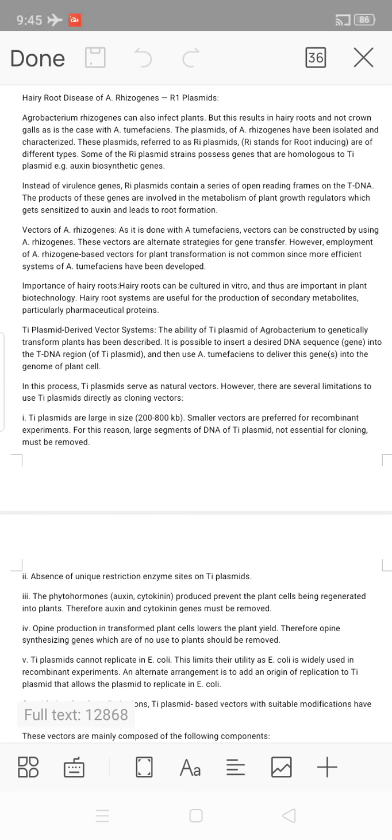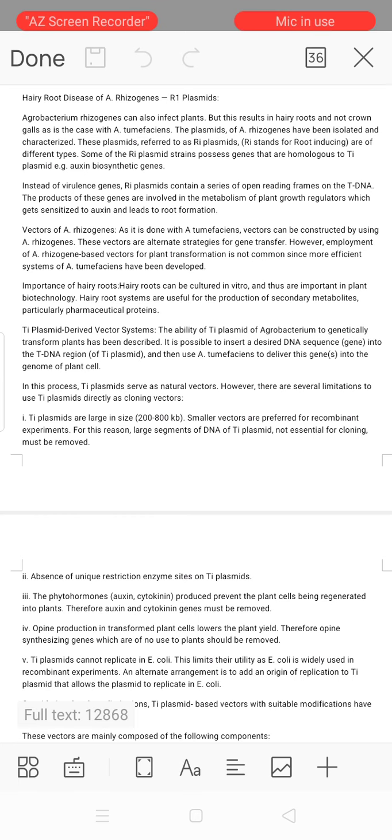The plasmids of Agrobacterium rhizogenes have been isolated and characterized. These plasmids are referred to as Ri plasmids. Ri means root inducing.